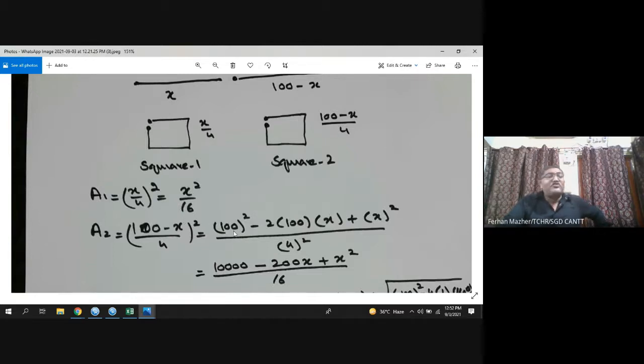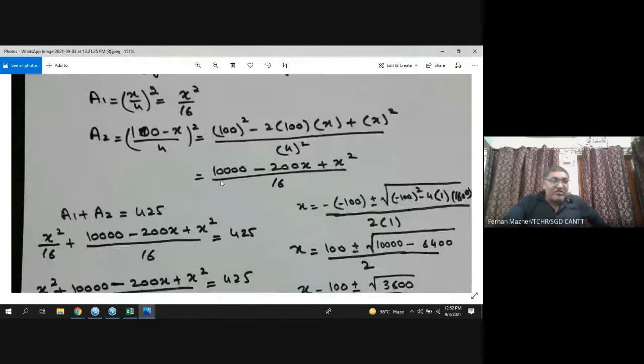So here we have the square of the first term minus 2 into first term into second term plus square of the second term, divided by the denominator square, 4 square. So you will have 100 square, that will be 10,000, minus 2 multiply 100 multiply x, it will be 200x, plus x square, divided by 16. In the statement of the question, he says that the total area of both the squares will be 425 centimeters square.